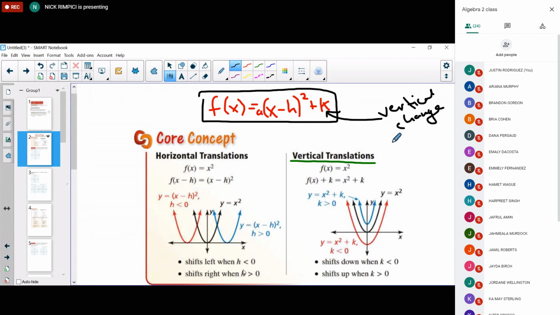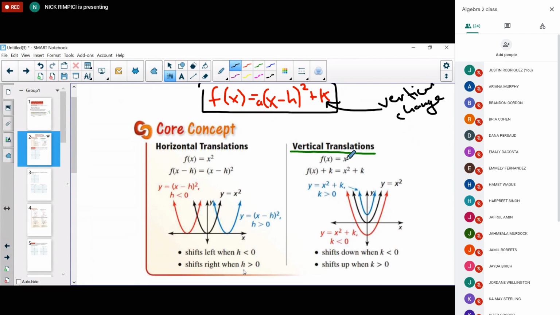Let's explore what happens as we change the value of k. So we're starting out with x squared, which is the parent function. It's in black ink. Now, if you add on to x squared, you'll notice that it's pushing the graph up.